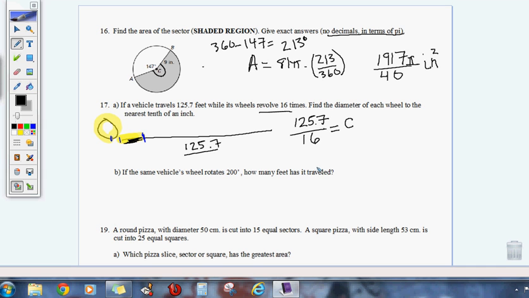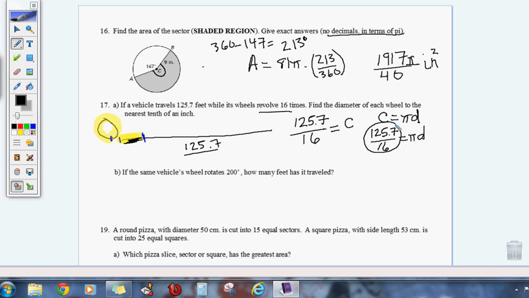So when you do that, I don't have that exact calculation here in front of me, but you're going to have this answer here, but that is the circumference. So when we go to circumference equals pi times diameter here, the circumference goes over here. So 125.7 over 16, which some of you probably have as a decimal at this point, equals pi times diameter.